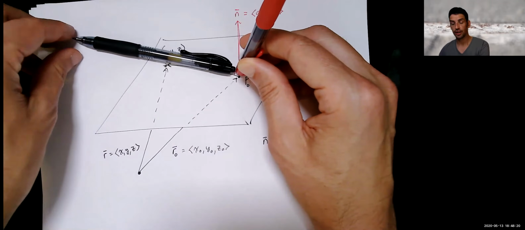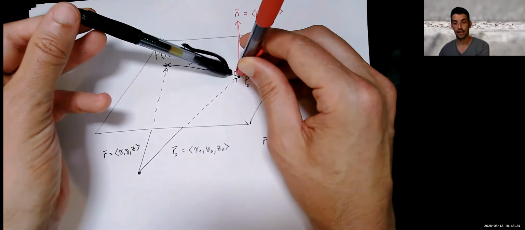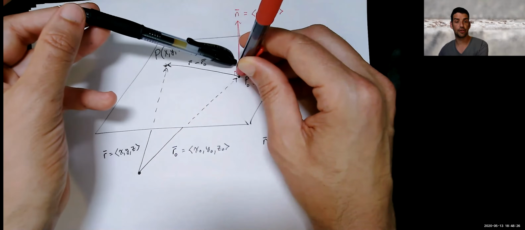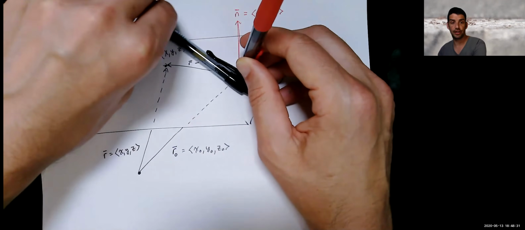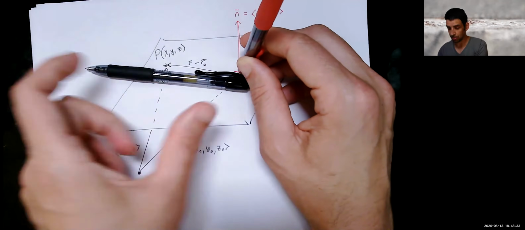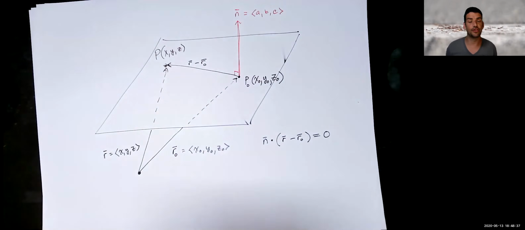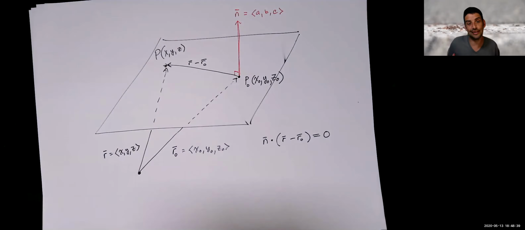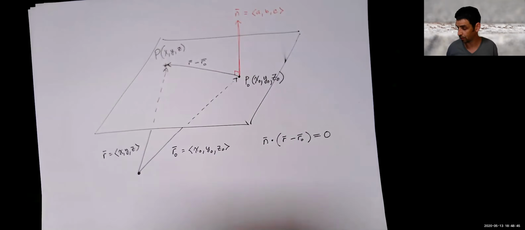They're going to be perpendicular. If I point at a point not in the plane, that angle has now changed. It's not orthogonal anymore. On the other hand, if I point at any other point in the plane, I'm just rotating around, maybe shrinking or extending, but it's going to leave that angle the same, okay? So that's the idea, that points not in the plane won't have this right angle. Points that are in the plane will have that right angle, okay?